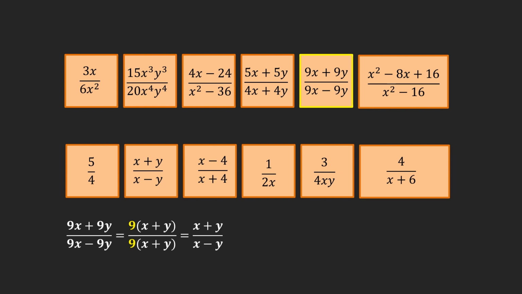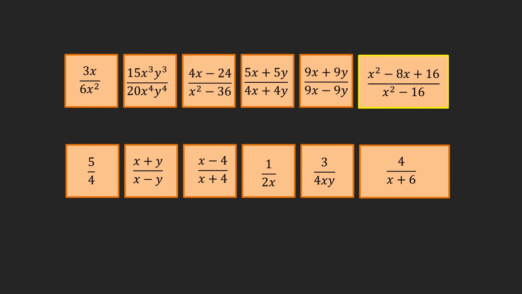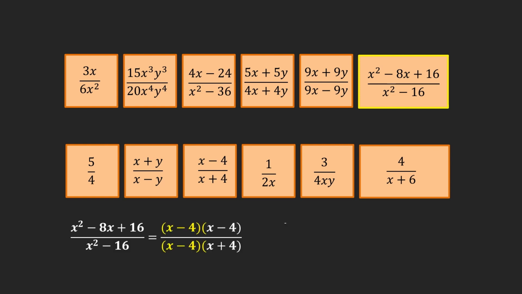And then the last one, x squared minus 8x plus 16 over x squared minus 16 is just equal to x minus 4 over x plus 4. So that is the end of the discussion about the law of exponents and simplifying rational expressions.